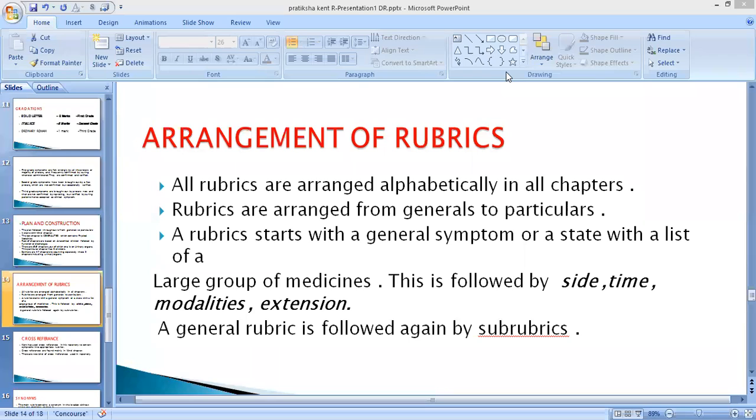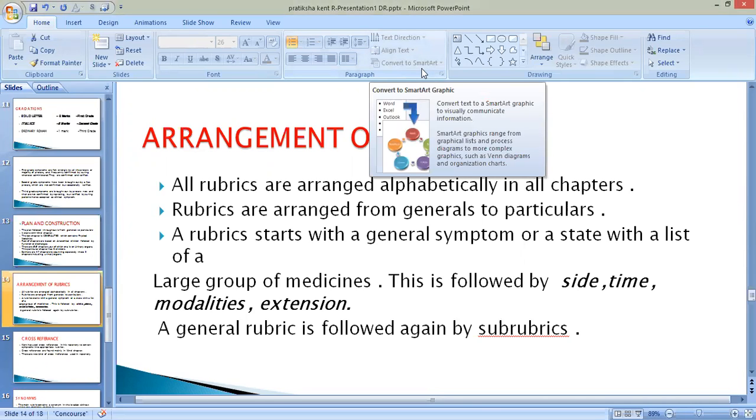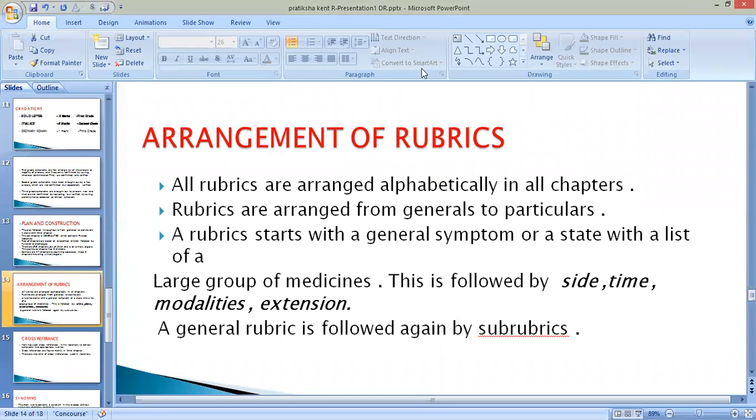We found the rubrics related to site, time, modalities, and extensions after the general rubric, which we call subrubrics or sub-subrubrics.